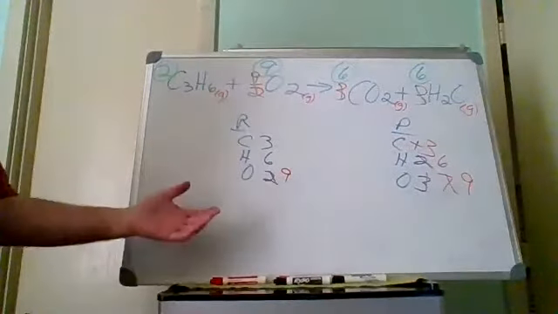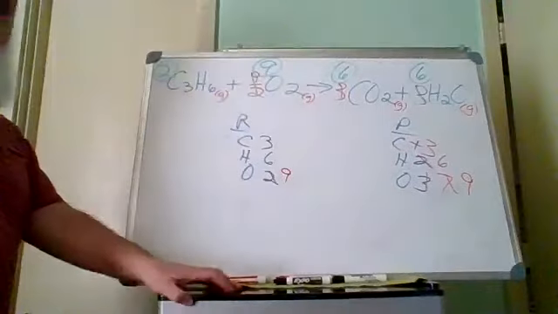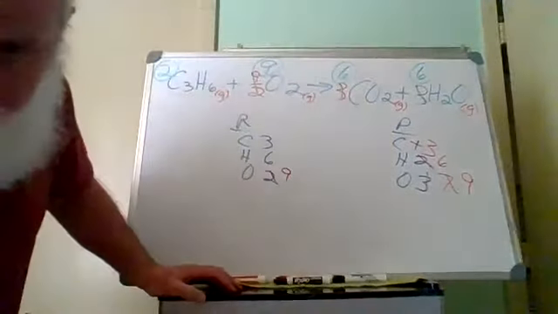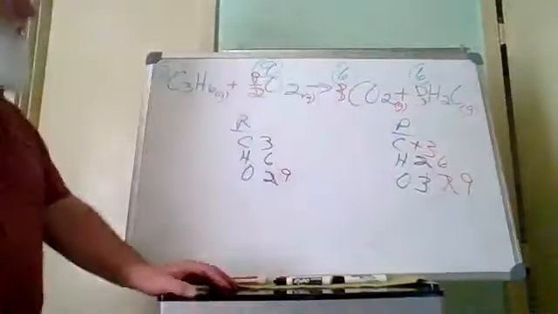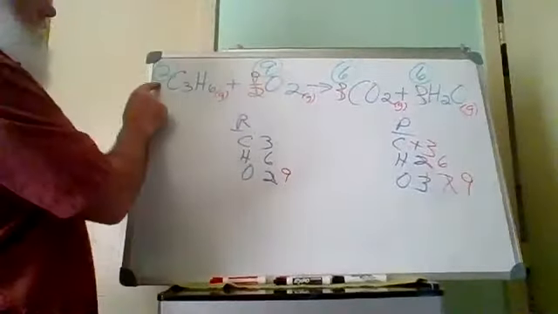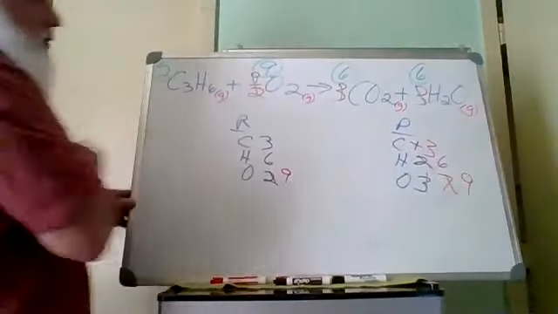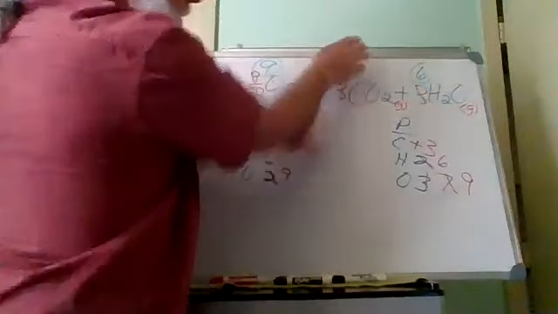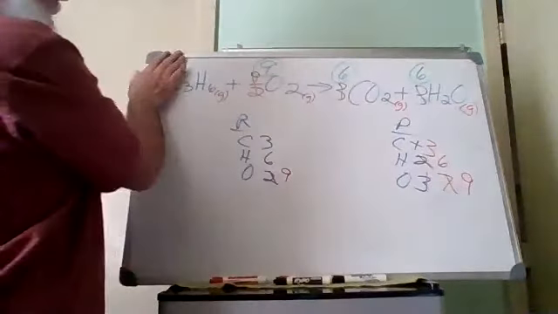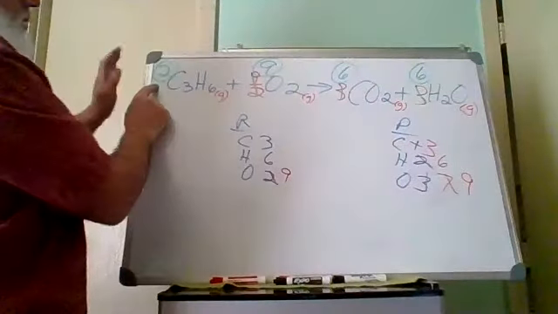Now we should go back and check and make sure that the equation is in fact balanced. So here I have 3 carbons times 2 is 6. 1 carbon times 6 is 6 carbons. 6 hydrogens times 2 is 12. 2 hydrogens times 6 is 12.